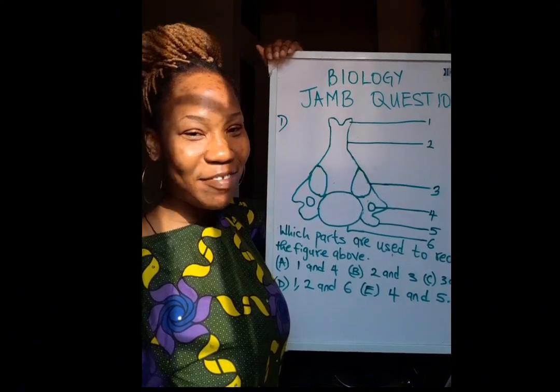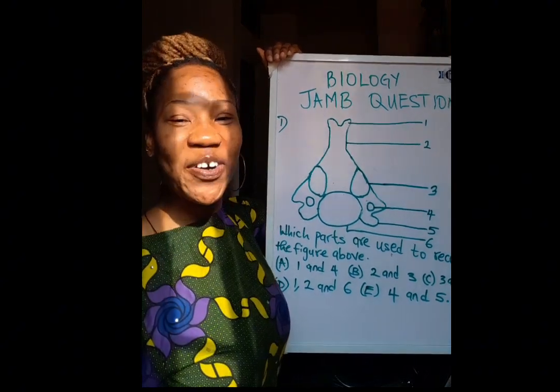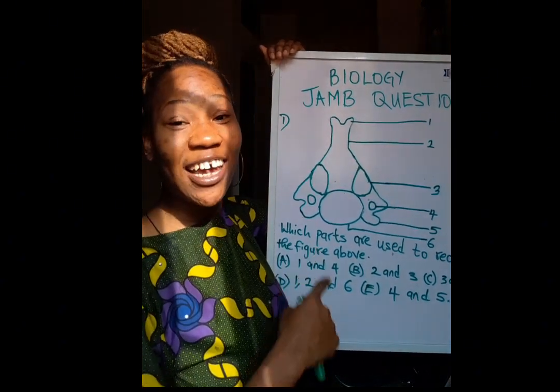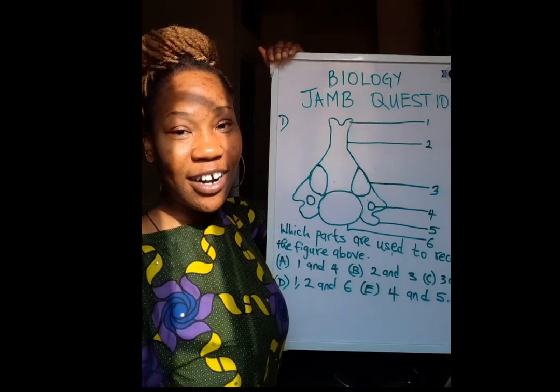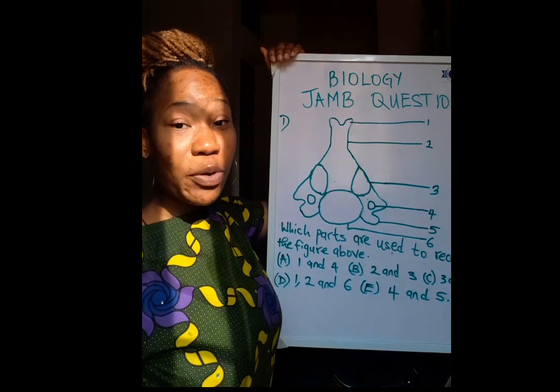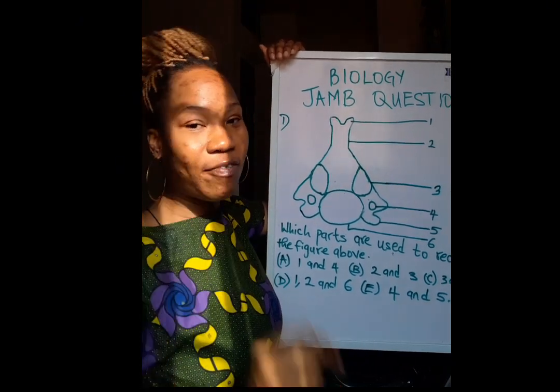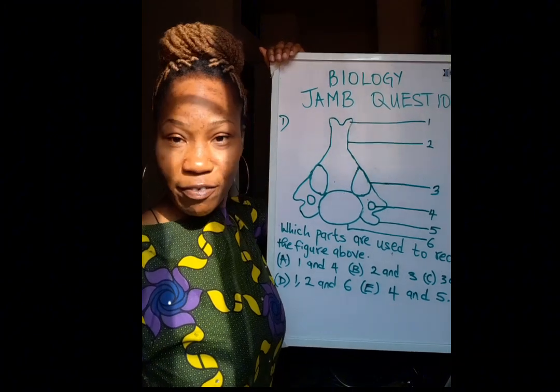Let's think again. Okay, this bone right here is from the vertebra, meaning it is from the spinal column that protects what we call the spinal cord. So it is one of the five vertebrae. Remember, we have five of them.